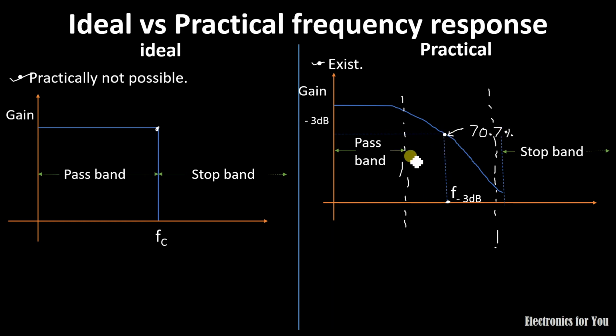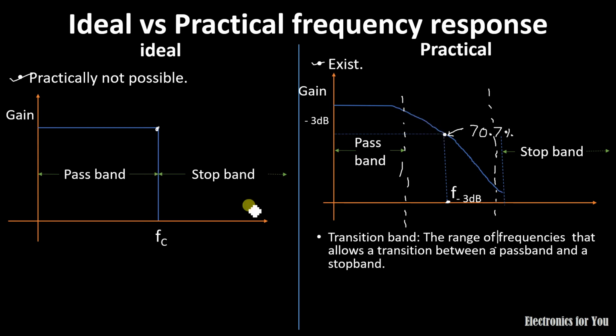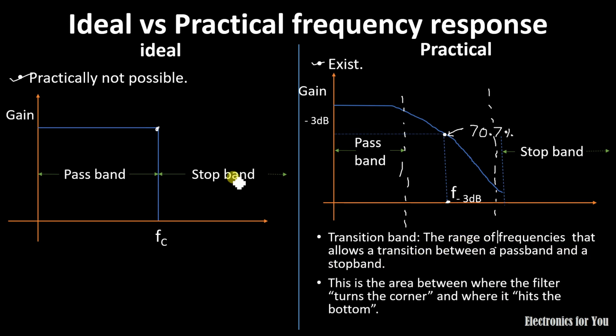But the frequency range where the output drops is called the transition band, and it is the range of frequencies that allows the transition between pass band and stop band. This is the area where the filter turns the corner. Here you can see that it turns the corner, and where it hits the bottom. So this area is called the transition band.